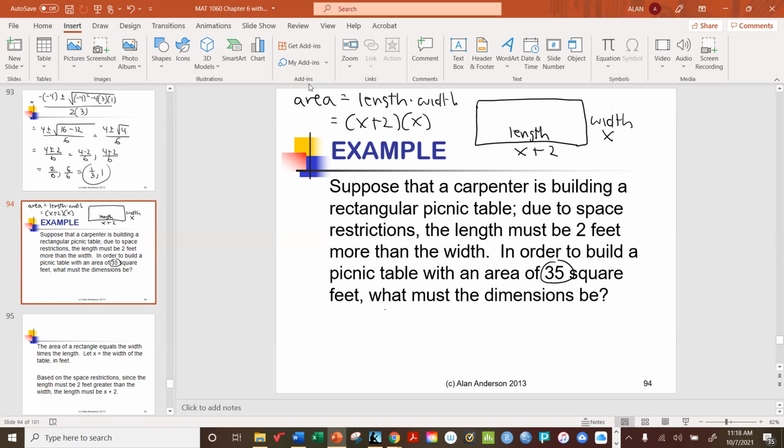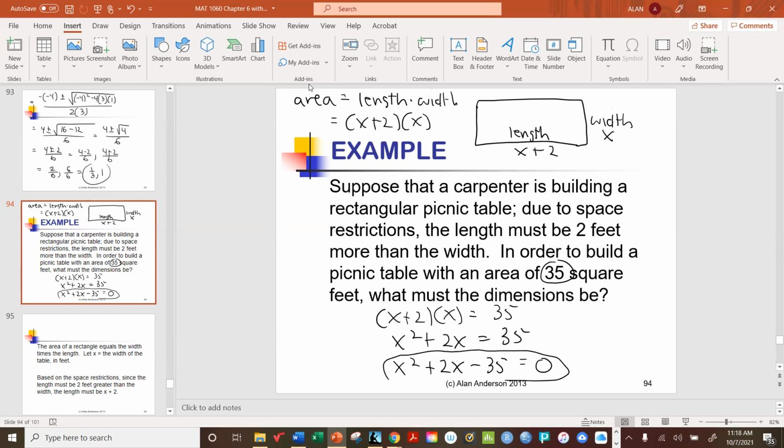So that means that x plus 2 times x equals 35, or x squared plus 2x equals 35. And if you notice, all I have to do is subtract 35 from both sides, and guess what I have here? A quadratic equation, which means I can solve for these dimensions by using the quadratic formula.